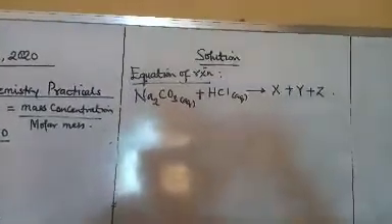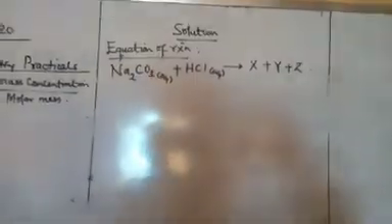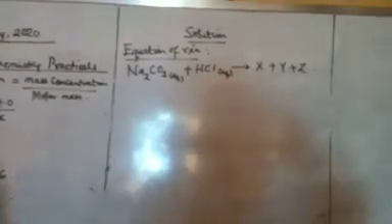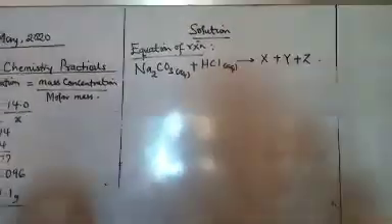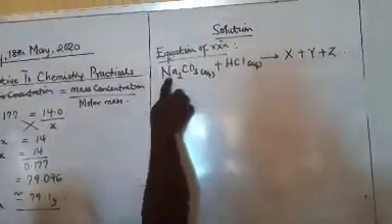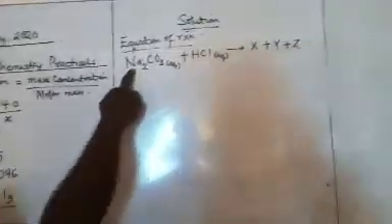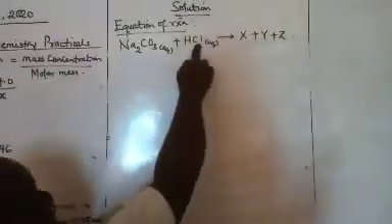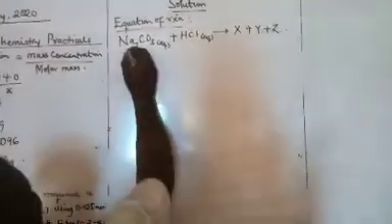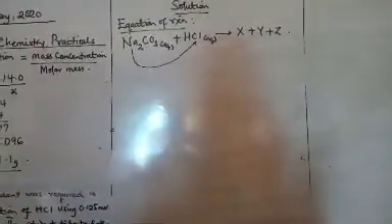In deducing the product form, the first thing you need to do as a science student is to first marry the likely things you need to understand. Now from here, this is a compound, this is another compound. There are 3 elements in this compound: sodium, carbon, and oxygen. So the first element, sodium, picks the radical of the acid in question, that is Cl minus.